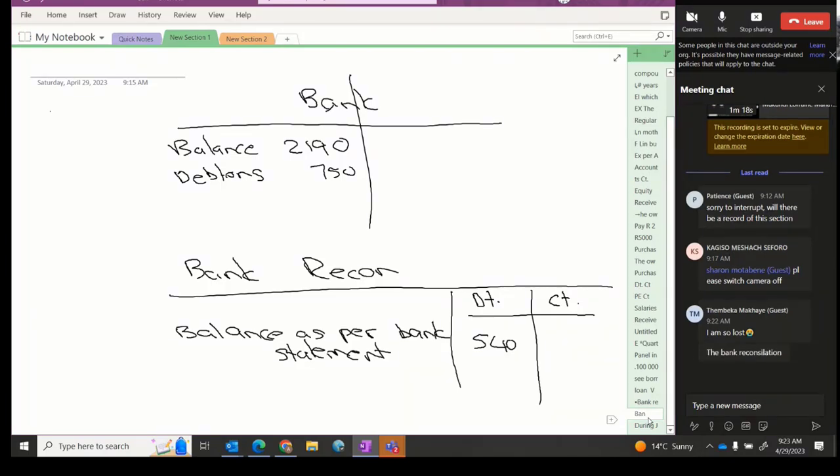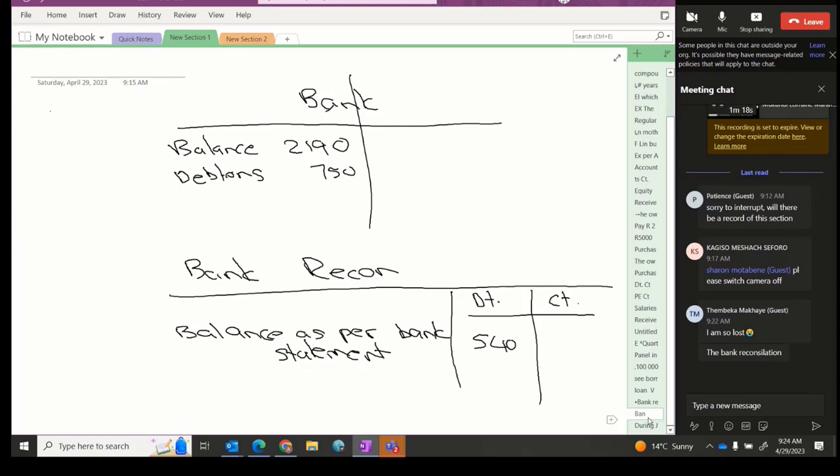Because as I say, if you understand what to do, this is real, the bank recon. I'm busy with the bank recon, but okay, let's just recap from the start. You get a bank balance in your books at the end of the month or whenever you do your books. Say this 2190. You balance your books and you see that's the balance.